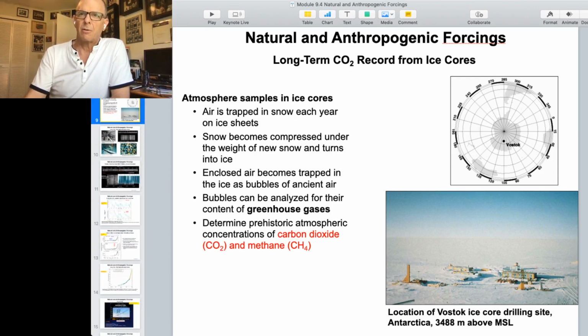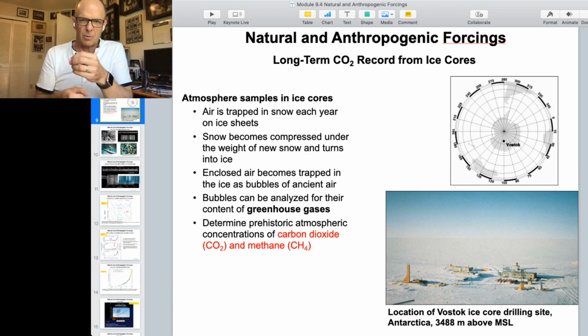We drill into deep cores of ice on land ice on Greenland and Antarctica, where every year there's snowfall that traps bubbles of the atmosphere from that year.